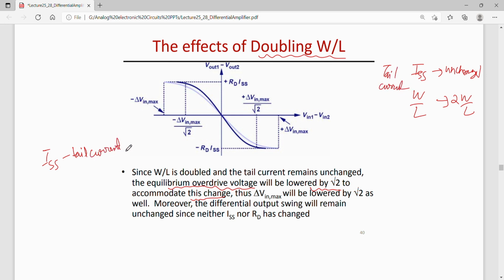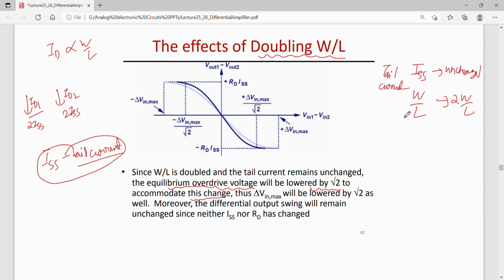But since we are increasing W by L, the current drawn from the supply, that is ID1 and ID2, is doubling, because current is directly proportional to W by L. So ID1 would become 2 ISS, ID2 will also become 2 ISS, but the tail current is not changing. Okay.